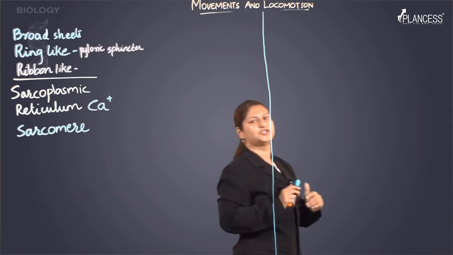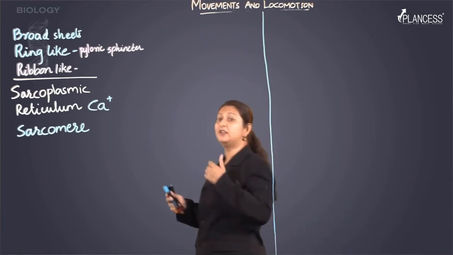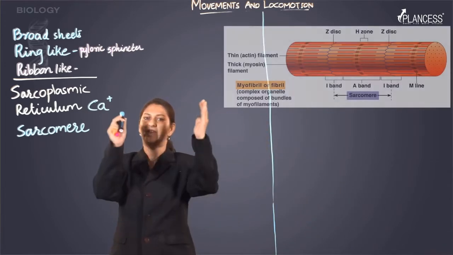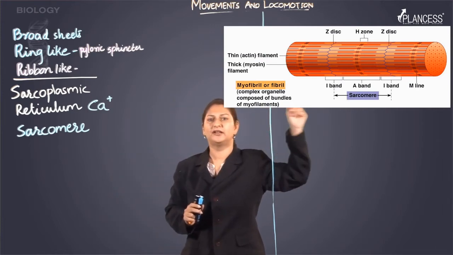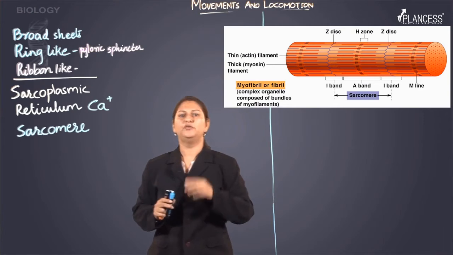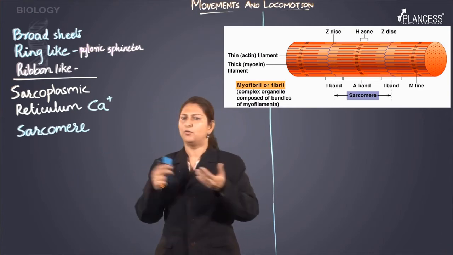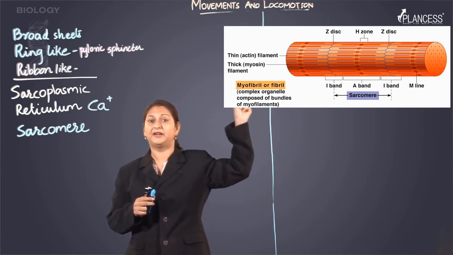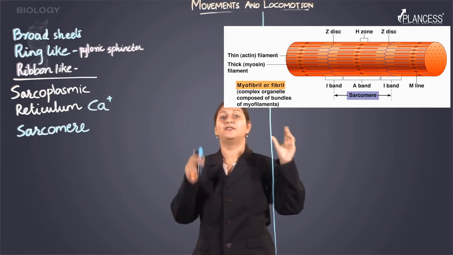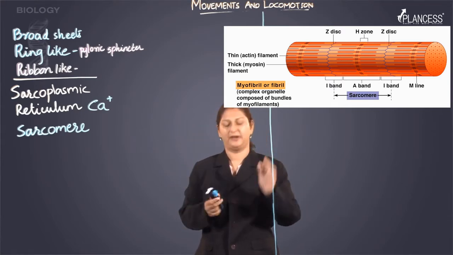To make it easier for the children, since the words were tremendously big and difficult to pronounce, we have brought them down to alphabets. Whenever you look at the diagram of a sarcomere, you will find alphabets. You will find A, you will find Z, you will find I. These are just the names depicting what these scientists actually saw under the microscope.